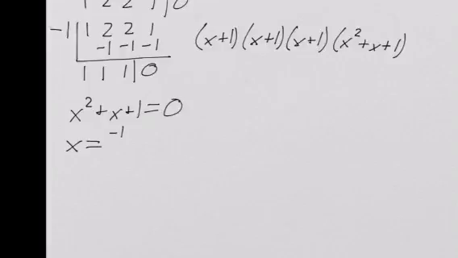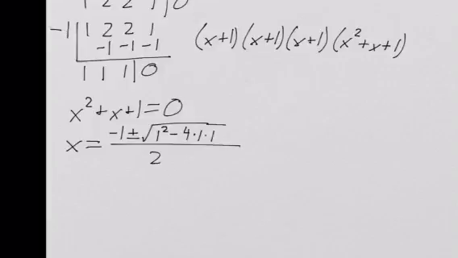So you get x equals negative 1 plus or minus the square root of 1 squared minus 4 times 1 times 1, all divided by 2 times 1.